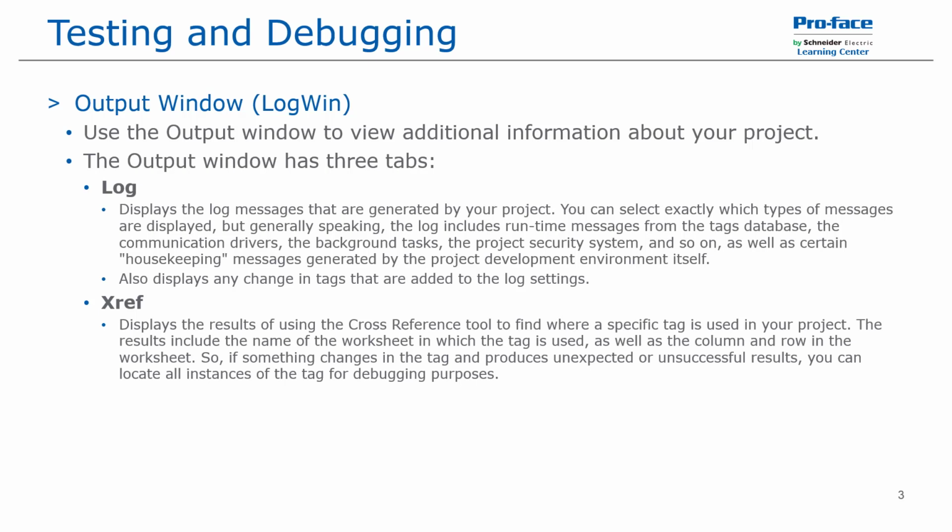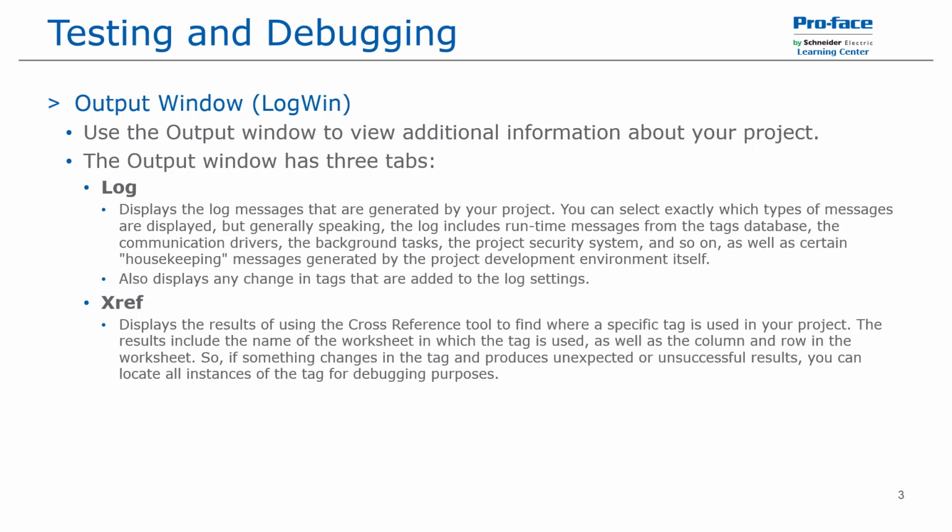And the cross-reference or XRef tab, which will display the results of any cross-referenced tag that we searched for. This result set will contain every instance of where the tag is used. It will include the worksheet name or the screen name, and then also either the worksheet column or object ID where the tag is used.